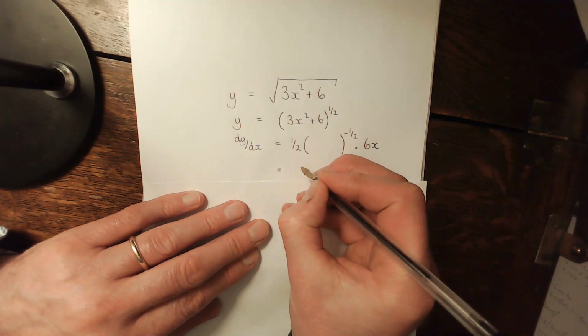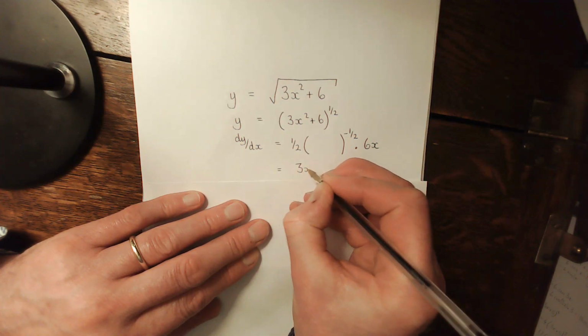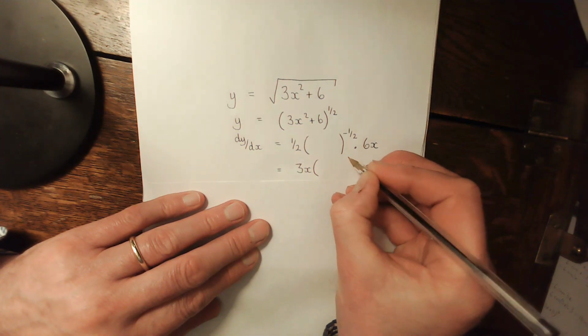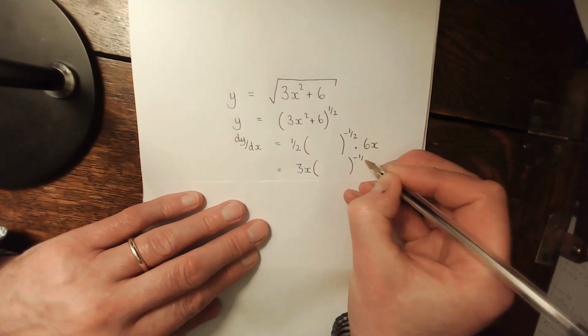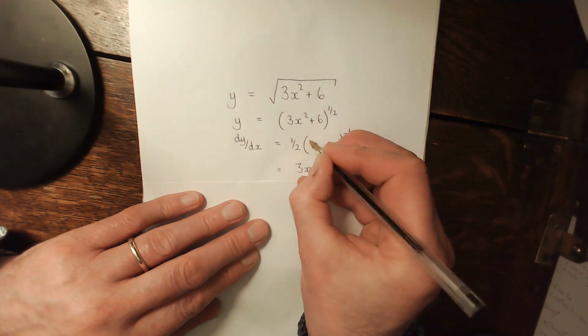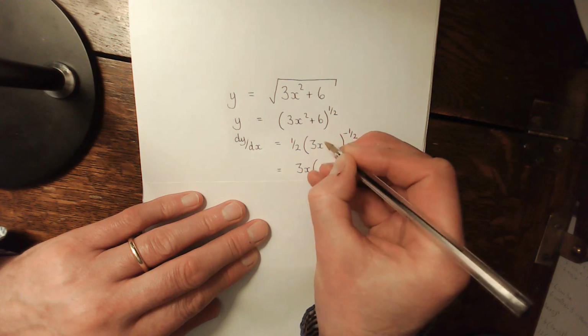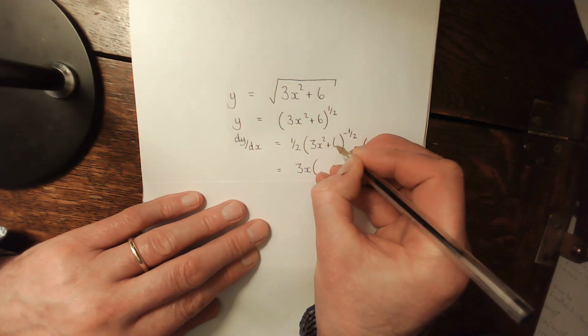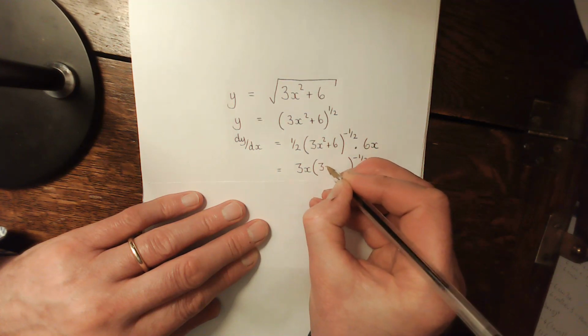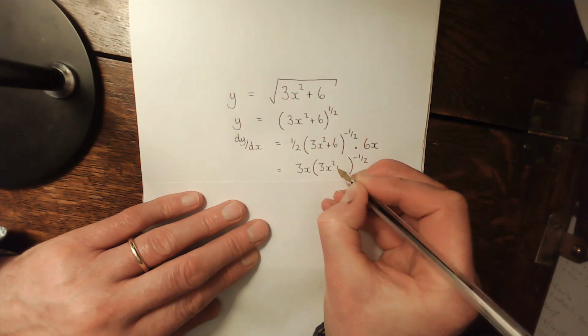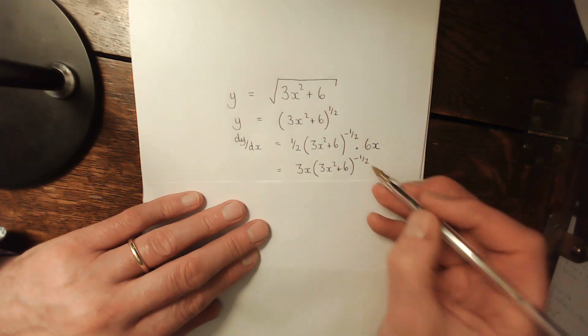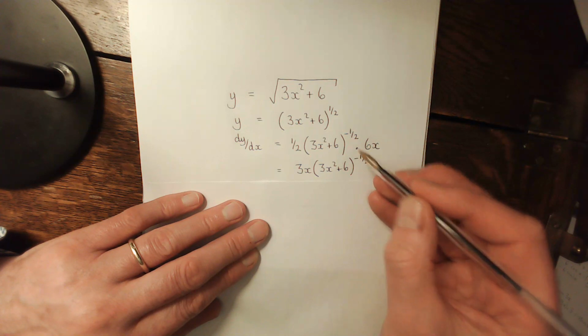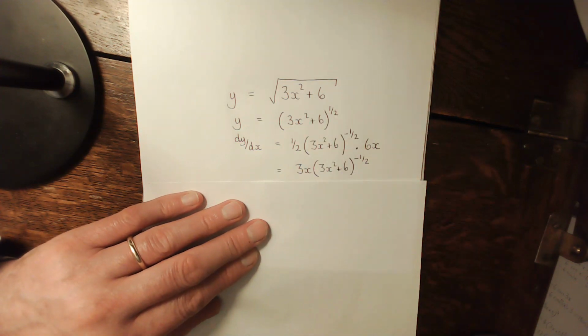A half of my 6x is 3x. My power stays the same. And then I can just put back in what I had in my original bracket. And you can always transfer that back into square root form if you wish.